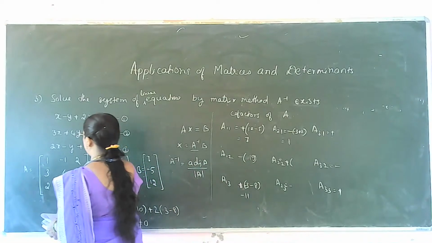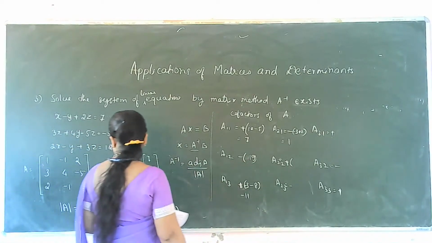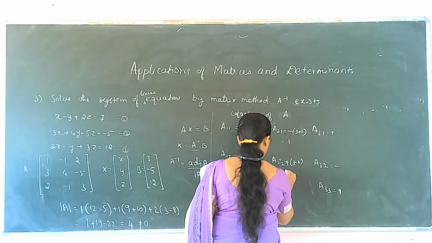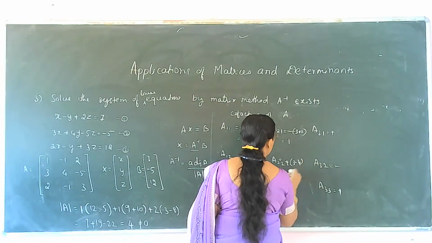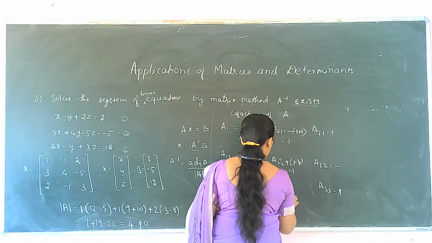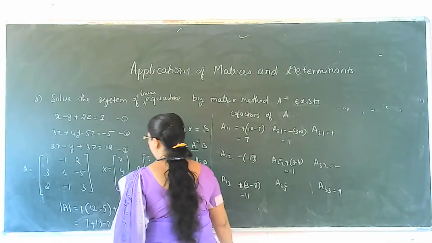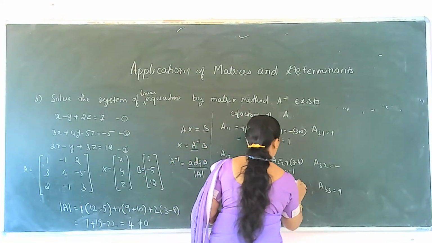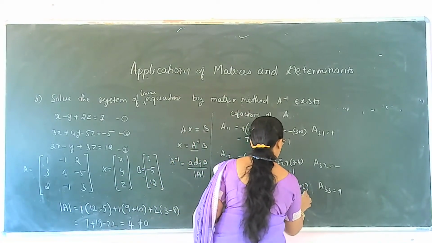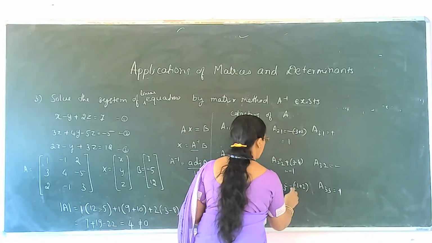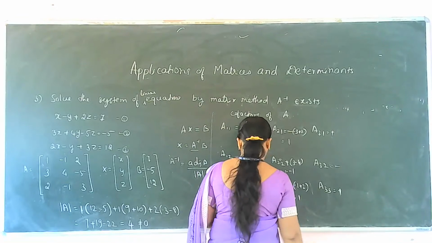Then A22 is this one: 1 into 3 minus 4, we get minus 1. And A23 is this one: we get minus 1 plus 2, it's plus 1, with sign it's minus 1.